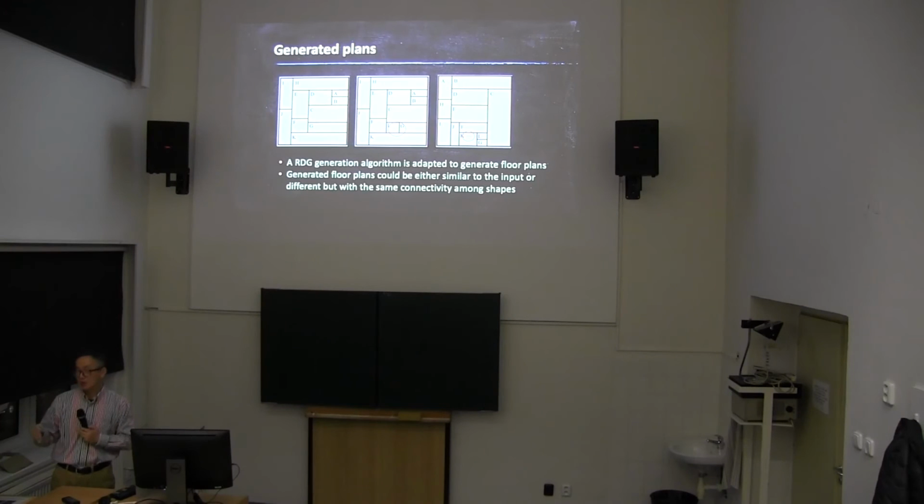So we assume this could be one of the usable requirements. And as I said earlier, the rooms are still connected in that way, but in terms of layout, they actually are varied. Okay, so this is what we can guarantee.